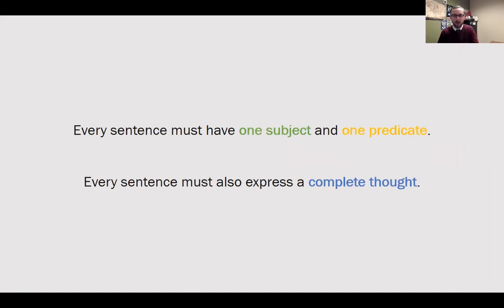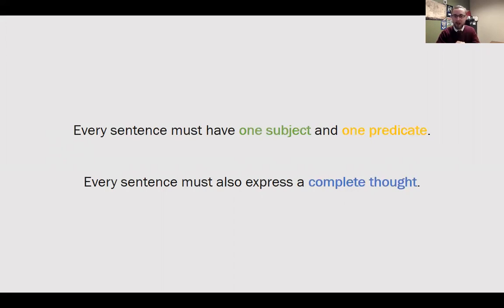It's the doer of the sentence. And then the predicate, everything else, is describing what the subject is doing or how the subject is existing. It includes a verb, but it can also include other words like adverbs or objects or other things. And every sentence needs both of those.